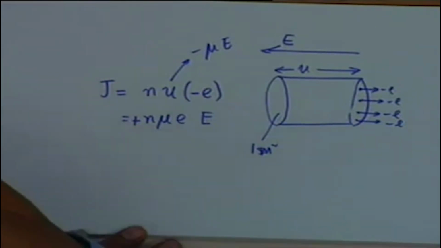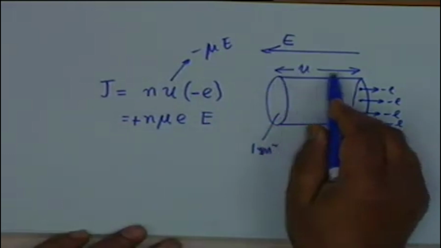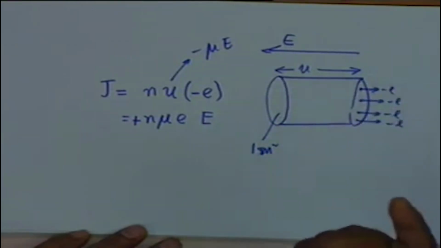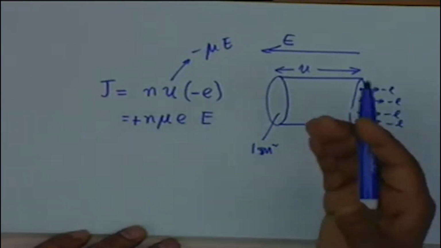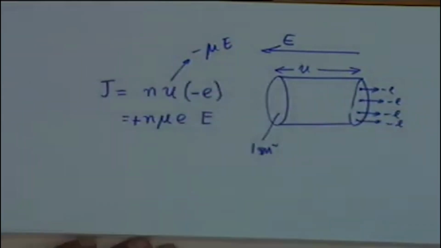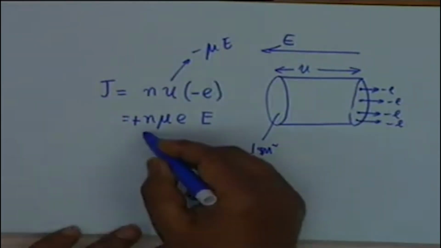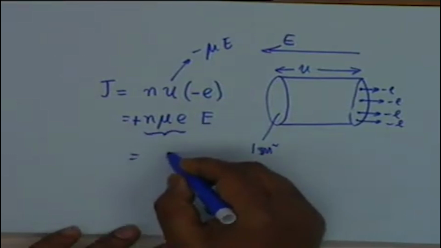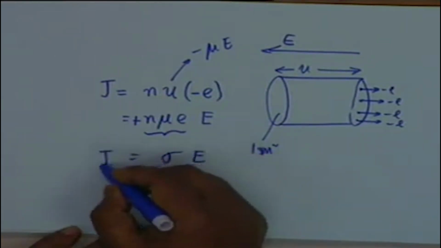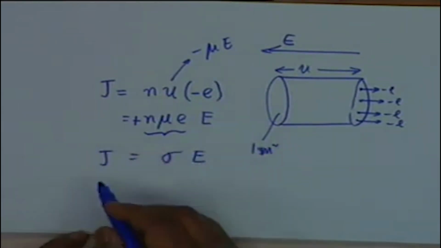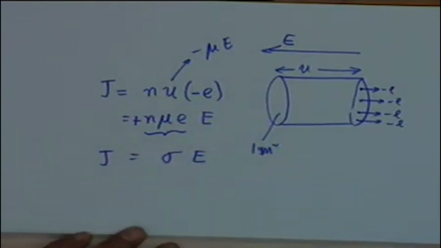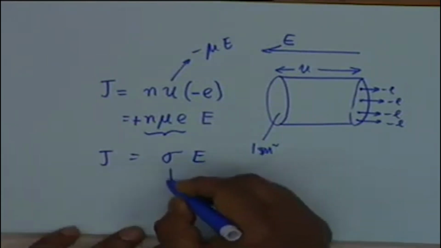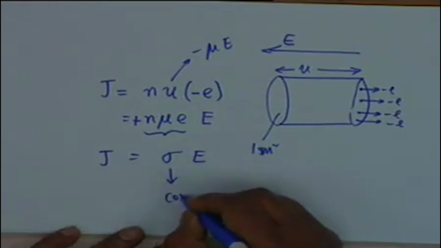Current flows in the direction of the electric field, because the electron motion is in the opposite direction and it has negative charge, which is equivalent to a positive charge flowing in the direction of the electric field. This quantity n mu e, if I denote this by sigma, then I have the relationship J equals sigma times E, and sigma is called the conductivity.